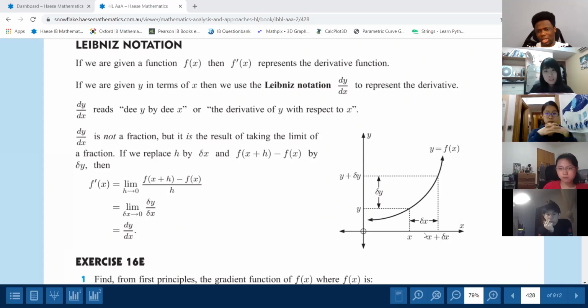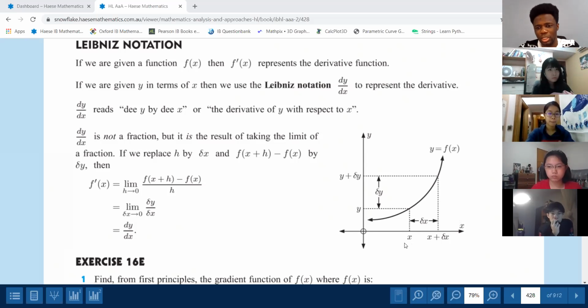So instead of h now, we call that change delta x, the change in the x-axis. Similarly, delta y will be the change in the y-axis. That's just notation, because delta means change in something. So in this case we call this y, f of x, and this will be f of x plus delta x, which is more or less, if this is y, then this is y plus delta y. It's the same thing, just written in a different form.